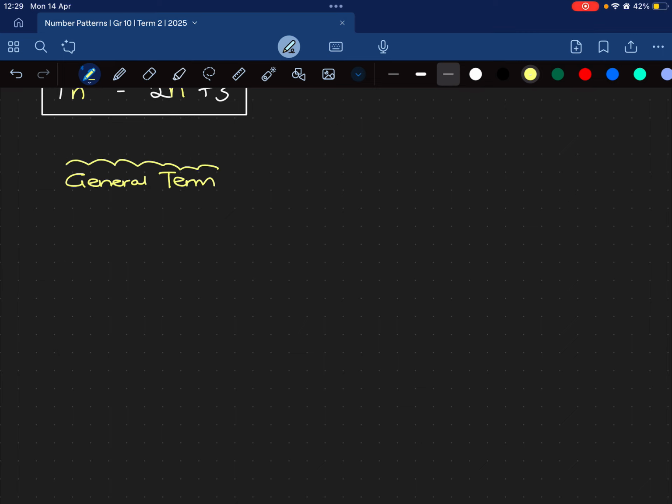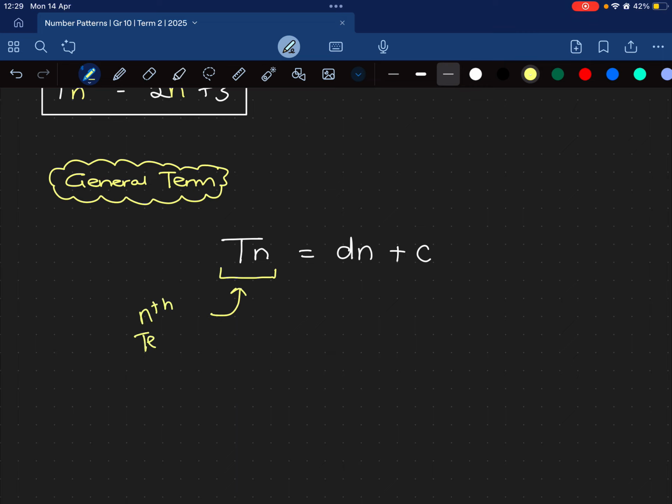So the general term for a linear pattern says that Tn is equal to Dn plus C, where Tn is what I call the nth term. It's a general term, so it could be any term, the 5th term, the 7th term, or the nth term, just in general. Okay, the D I've already established is the common difference.